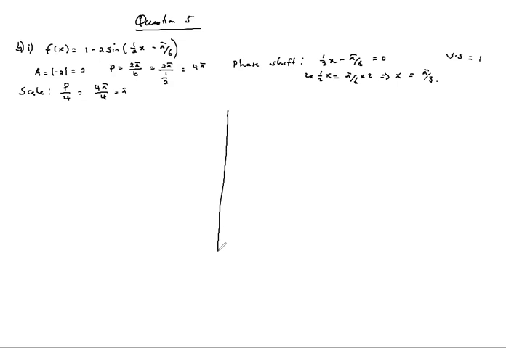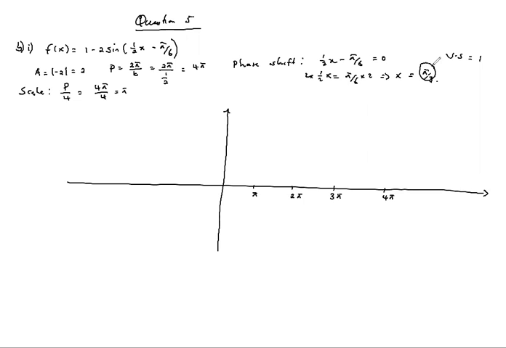So we sketch. We have pi, 2 pi, 3 pi, 4 pi. Then we start adding the shift. To pi, we add pi over 3, we'll get 4 pi over 3.